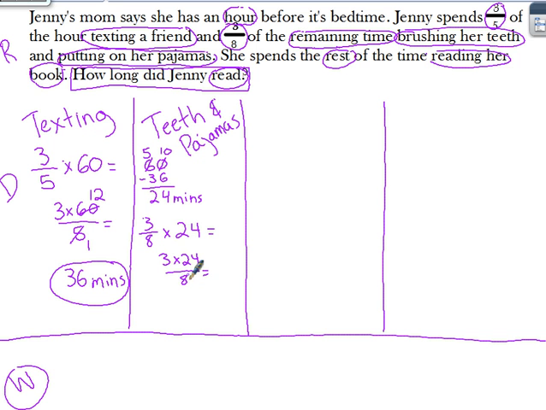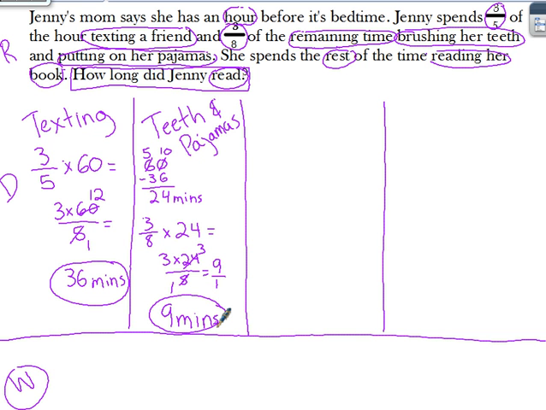I know 8 goes into 8 1 time and 8 goes into 24 3 times, so I can simplify. 3 times 3 is 9 over 1. So she spent 9 minutes brushing her teeth and putting on her pajamas.